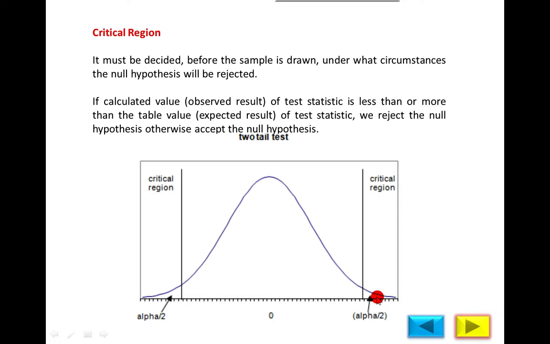This area is alpha upon 2, and the total is 5% if you choose alpha equal to 5%. We divide the 5% into 2 equal parts, so this will be 2.5% and this will be 2.5%, or 0.025 each. This middle area is the 95%.